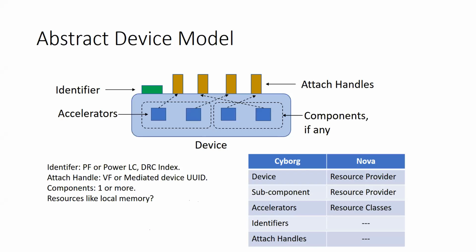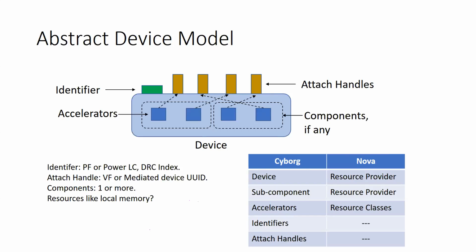So you got this bunch of attach handles on one side, and the relationship between an accelerator and attach handle could be fixed, or it may not be, depending on the implementation. So you could have, let's say, 2 regions and 2 VFs, and maybe the implementation just hardwires one region to one VF. So everything is static, just discover that at discovery time.